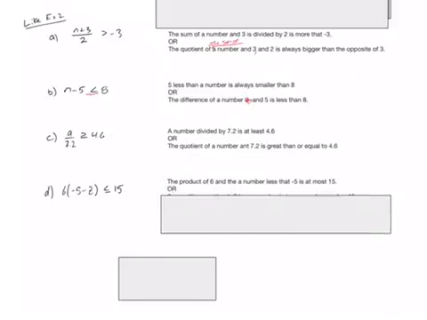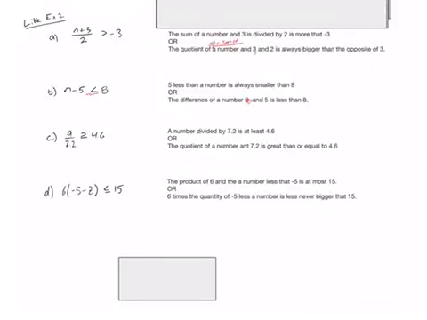And then also, 6 times the quantity of -5 and a number less is never bigger than 15.